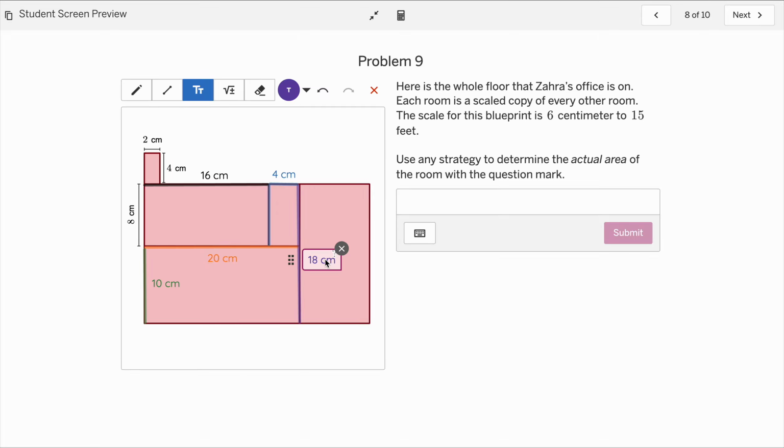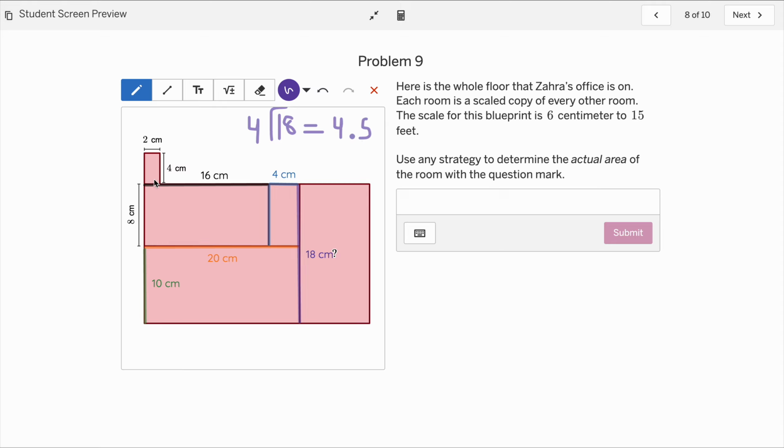Okay, well, if I'm going to scale what I know, back to this one, 4 times what is 18? In order to find that, I can take 18 and divide it by 4. So let's do that. 18 divided by 4 equals 4.5.